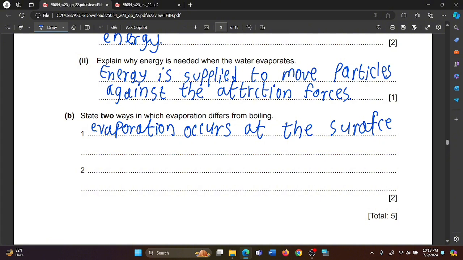We never see the bubbling in evaporation. Thus, we can say no bubbling in evaporation, but we can see bubbling in boiling. Thus, no bubbling in evaporation is a difference between evaporation and boiling.